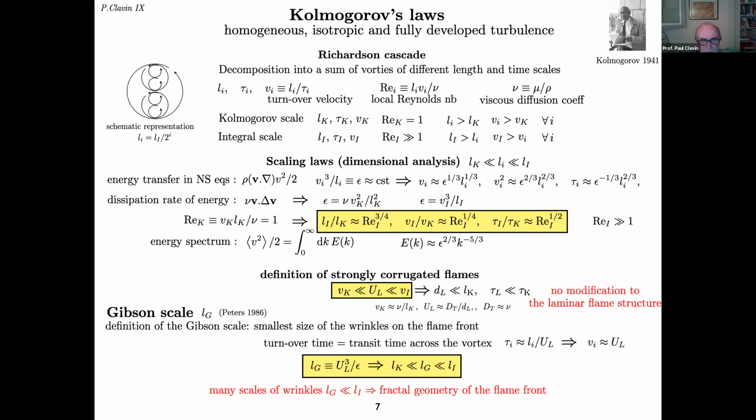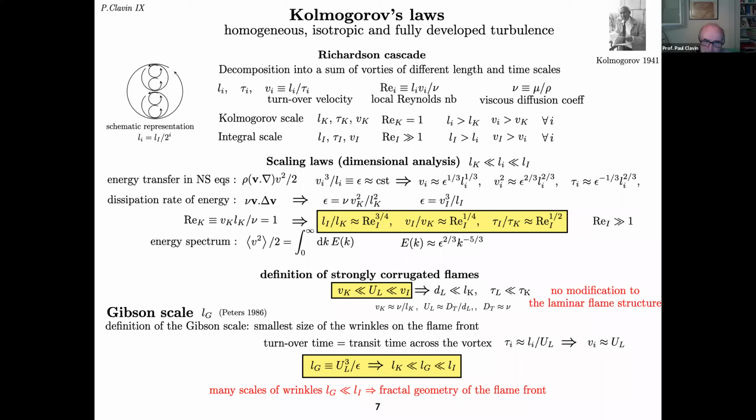So you have many wrinkles in between the Gibson scale and the integral scale, and the flame takes a fractal geometry, because you have many wrinkles with different length scales.